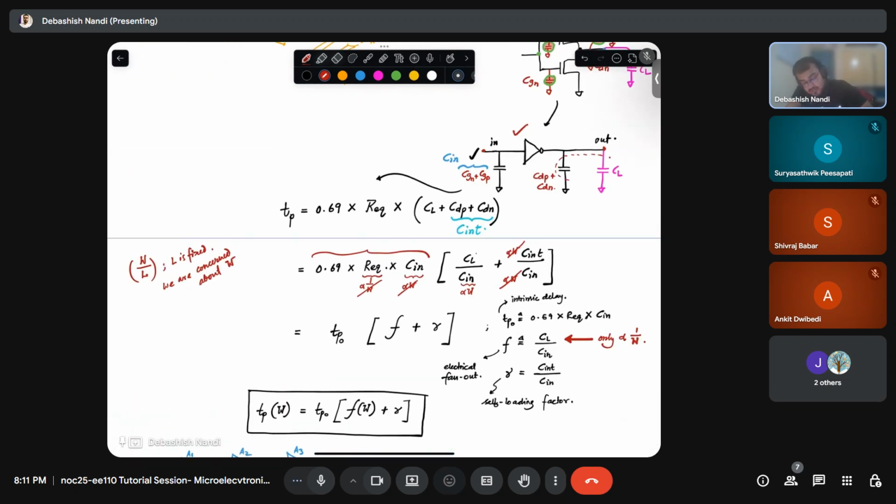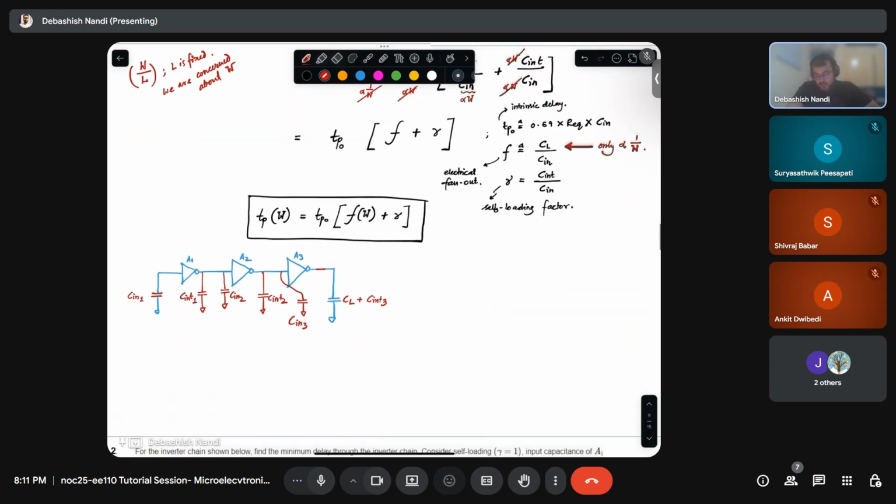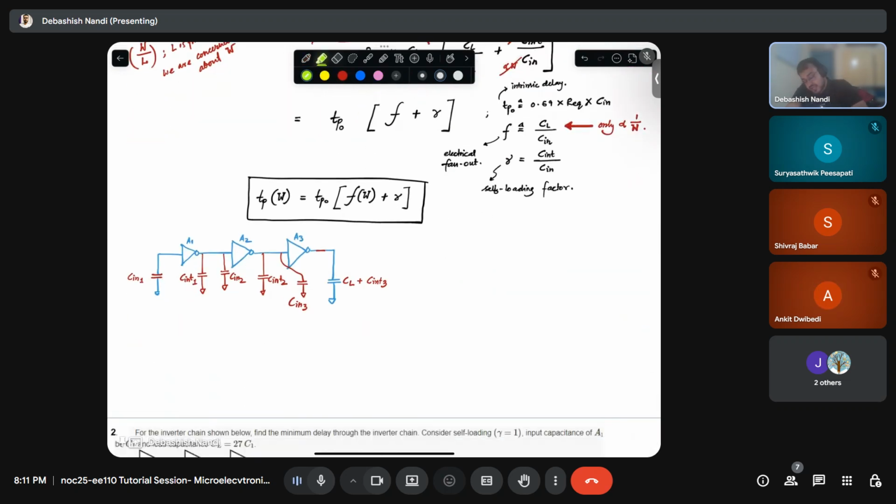Now this is the load for stage 1, A1, and this is the load CL for A2.